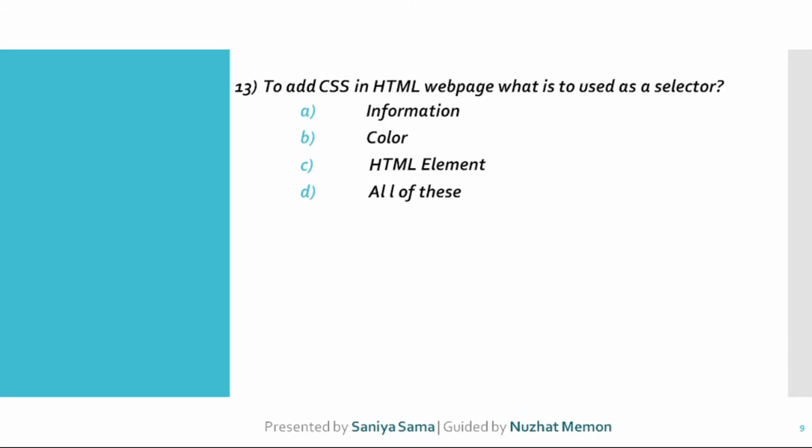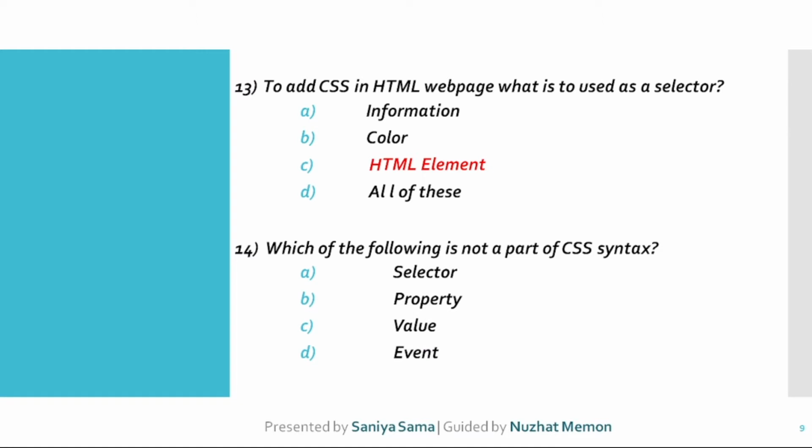Option A, information, option B, color, option C, HTML element, option D, all of this. The answer is HTML element. Fourteenth, which of the following is not a part of CSS syntax? Option A, selector, option B, property, option C, value, option D, event. The answer is event.